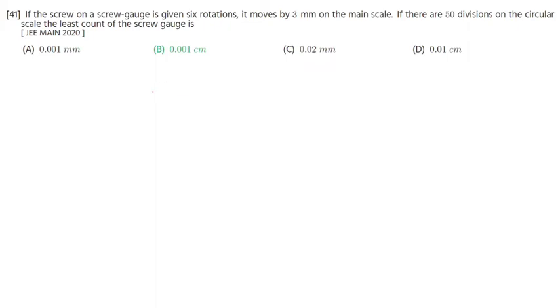That means one rotation corresponds to half mm, right? One rotation is producing a half mm linear displacement. Number of divisions given as 50. Now least count is nothing but half mm, 0.5 mm divided by 50. How much? 0.001 centimeter. Option D.